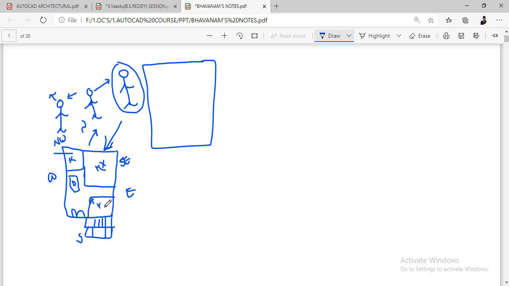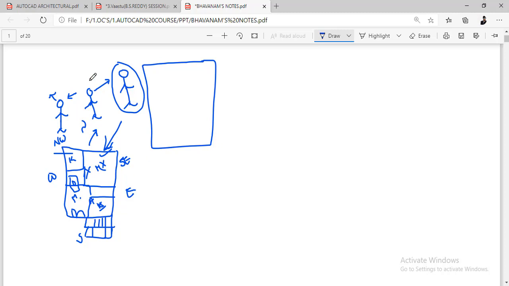Just tell them to give a kitchen in this position, and southwest, exactly at this position, he needs to give a master bedroom. These are basic things. Whatever you gave is absolutely wrong as per this vastu.